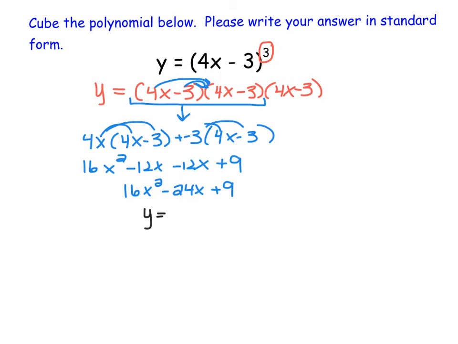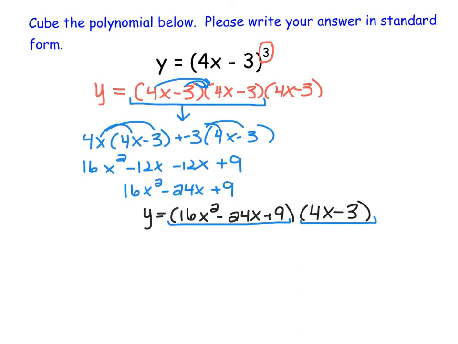So I'm going to rewrite this function now with those first two multiplied together, and I still have one more 4x minus 3 to multiply that by. We performed the first multiplication, and now we're going to perform one more. We take everything in the first parenthesis and multiply it by everything in the second parenthesis.